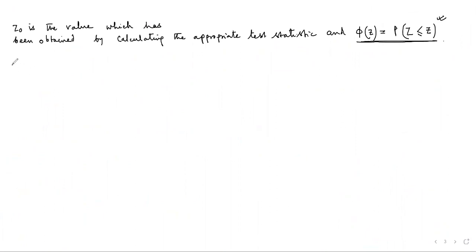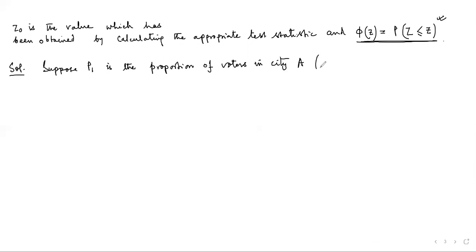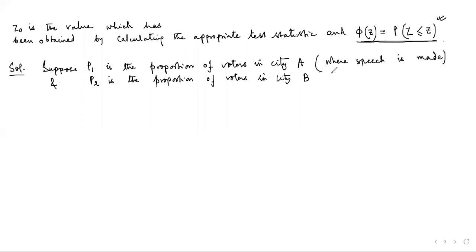First of all, in the solution, you will write that suppose capital P1 is the proportion of voters in city A where speech is made, and P2 is the proportion of voters in city B where speech is not made.